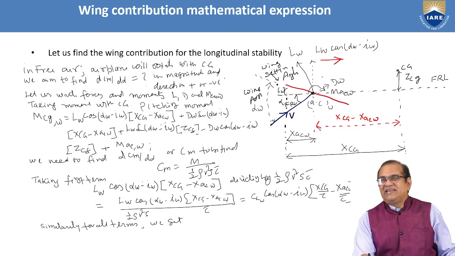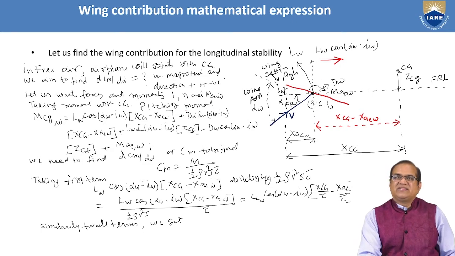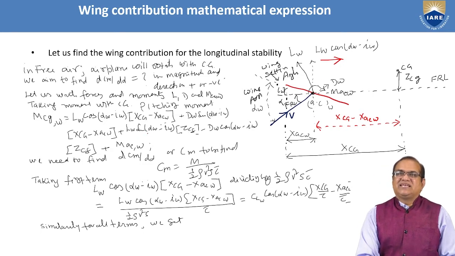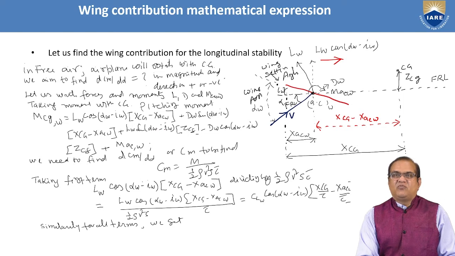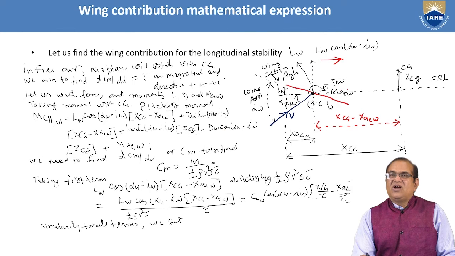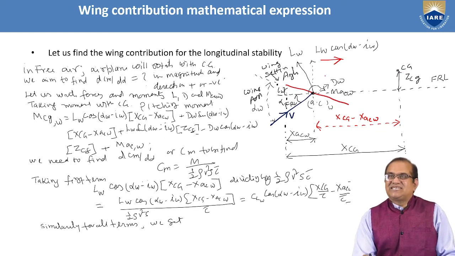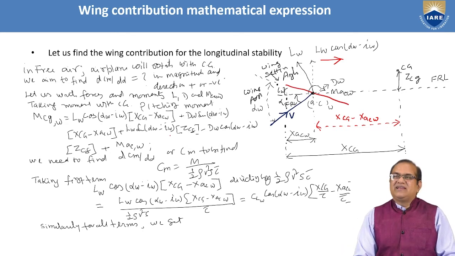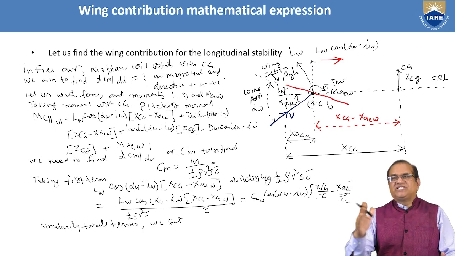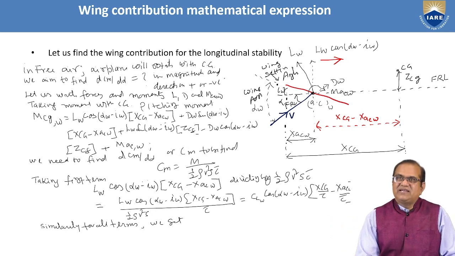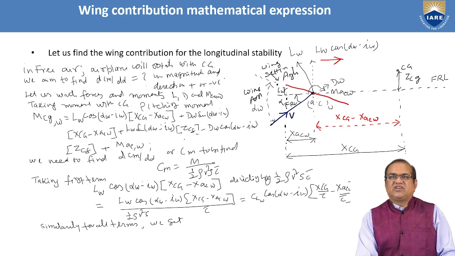So L_W sin(alpha_W minus i_W) into z_CG minus D_W cos(alpha_W minus i_W) into z_CG plus this moment M_ACW. Okay, so I think it is very clear that we have multiplied all the forces by distances and have got this equation.